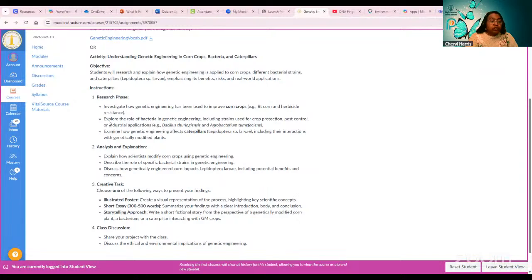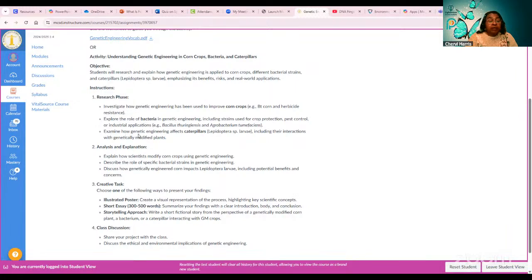Next one, explore the role of bacteria in genetic engineering, including strains from the crop protection, pest control, or industrial applications. And that's the scientific name of the bacteria that you're looking at. Link that with describe the role of specific bacterial strains in genetic engineering. So those two points go together.